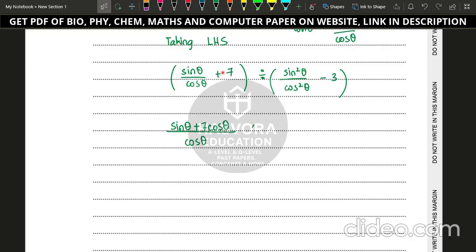Then if I just multiply this, it is going to become reciprocated. Also let's first of all take the LCM. So it becomes sin square theta minus 3 cos square theta. But now this is going to move into the denominator because I have also reciprocated at the same time. The LCM of this was cos square theta, and I can write cos square theta as cos theta into cos theta.